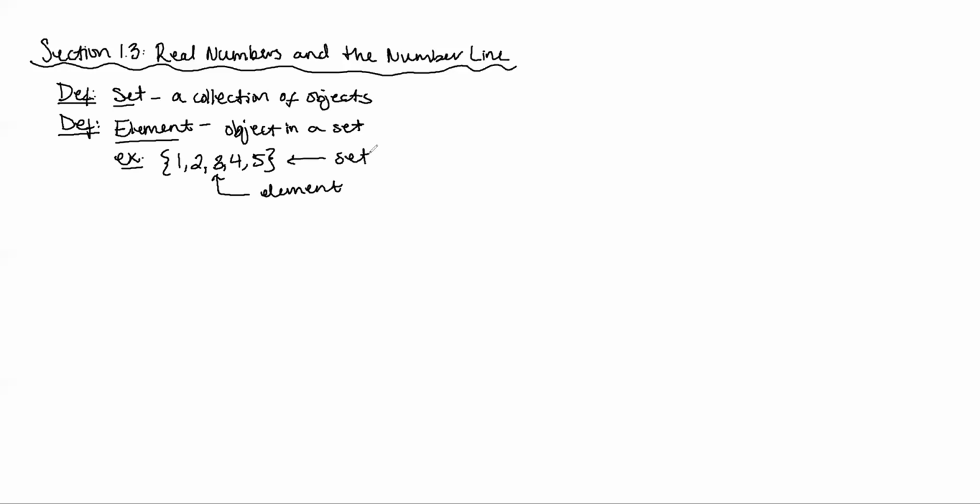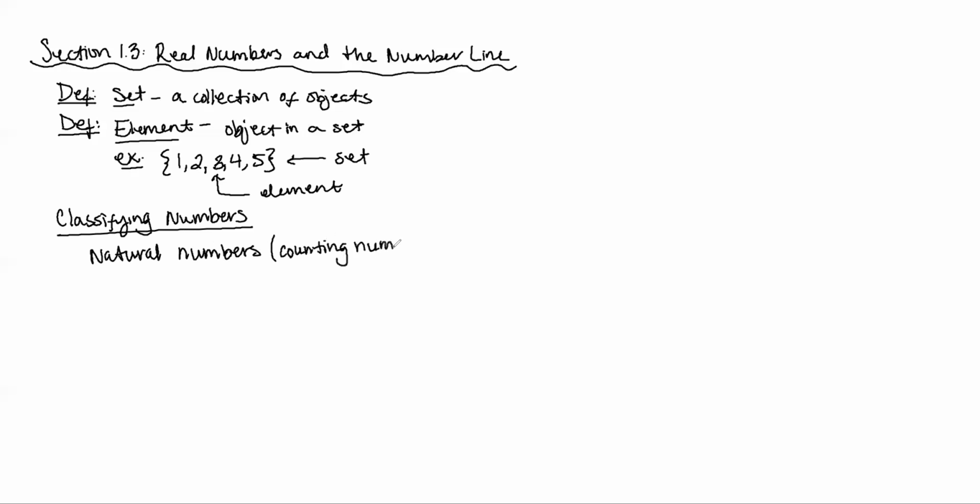And so now we're going to use this to classify numbers. So we can classify numbers into different sets. And so the first set we're going to look at are the natural numbers. And another name for these are the counting numbers.